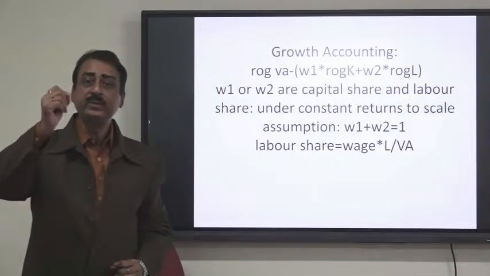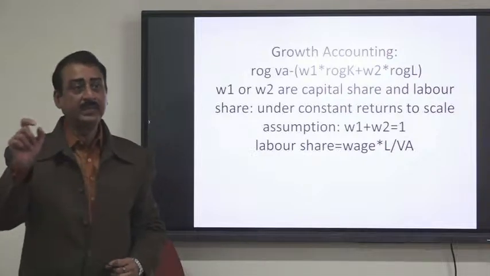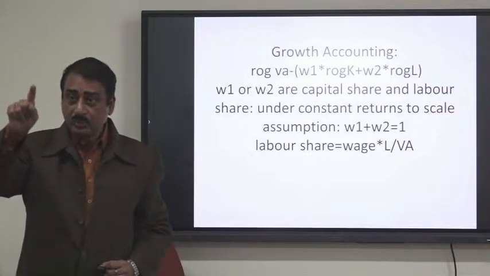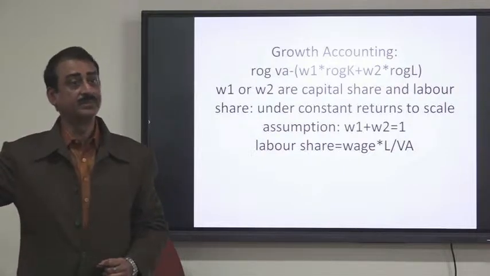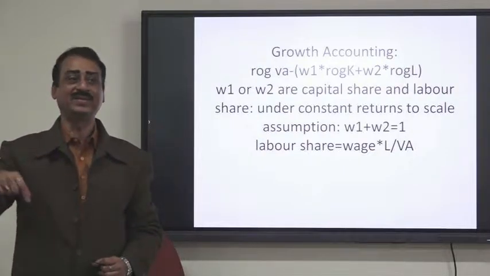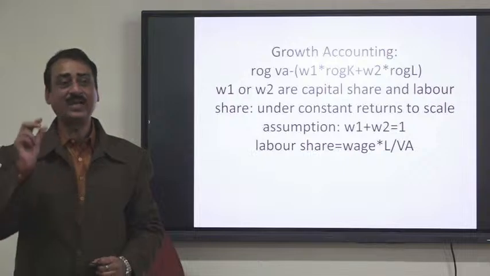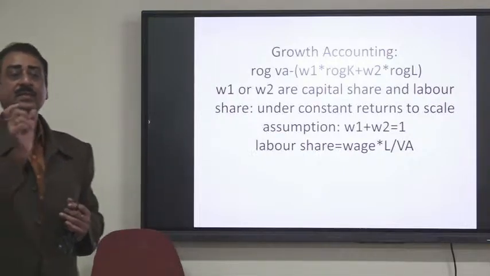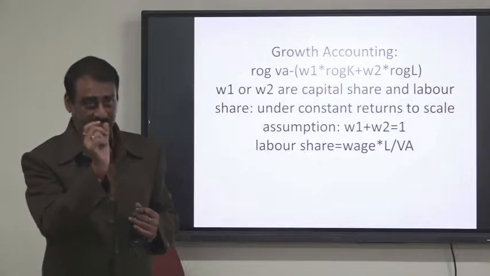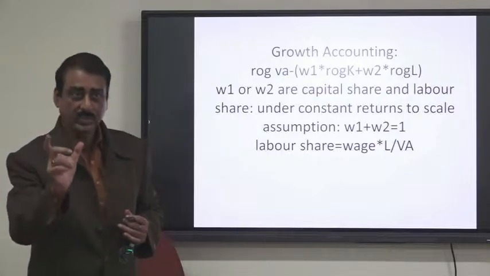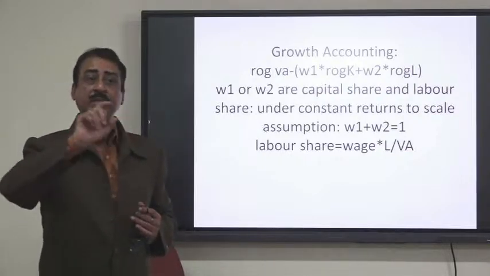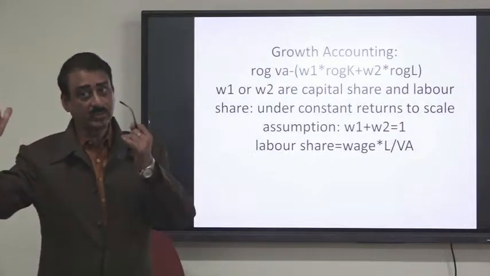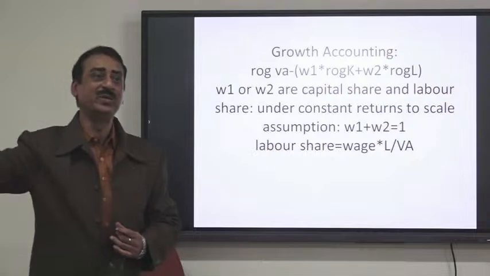So how do you do it? You take the wage rate in constant prices, multiply it by the total number of laborers, and divide by value added. That gives you the weight. So what you are assuming is that the labor price per unit times the total amount of labor plus the capital price per unit times the total volume of capital should be equal to value added.